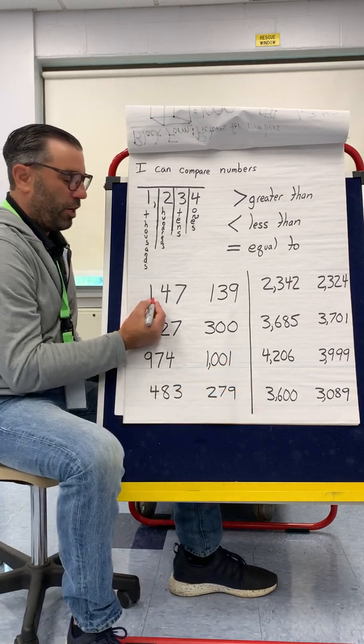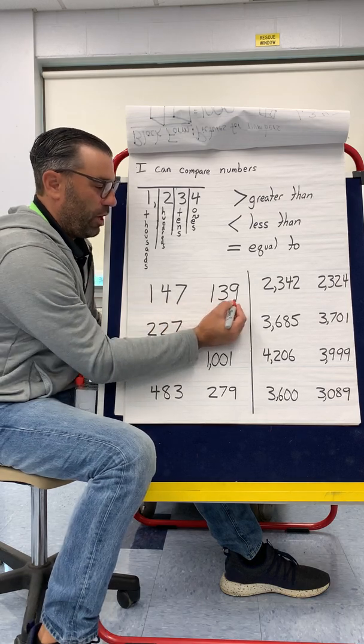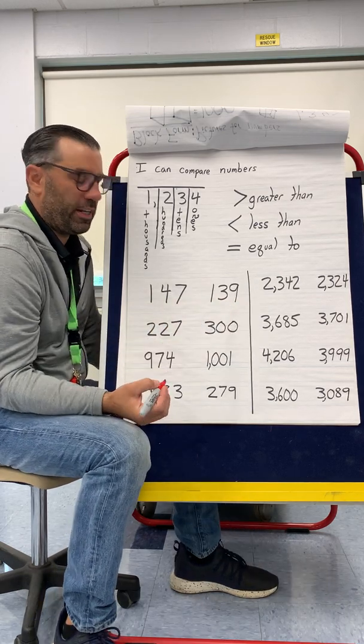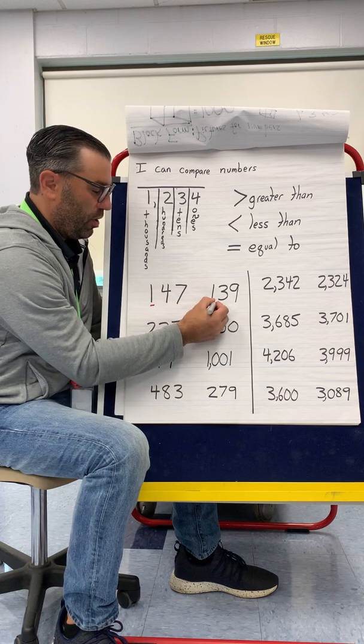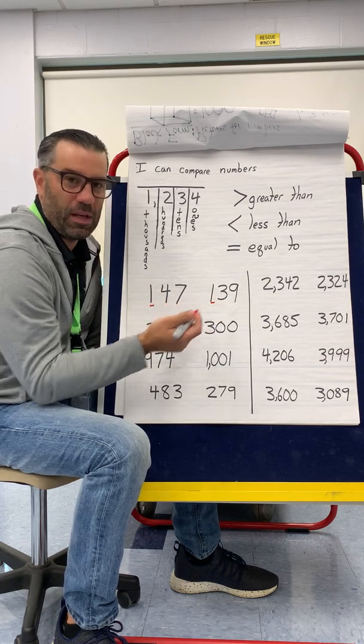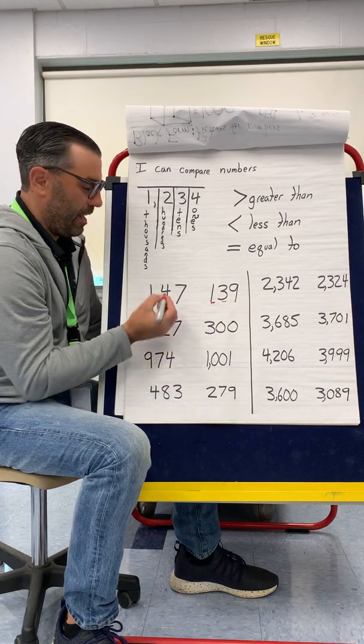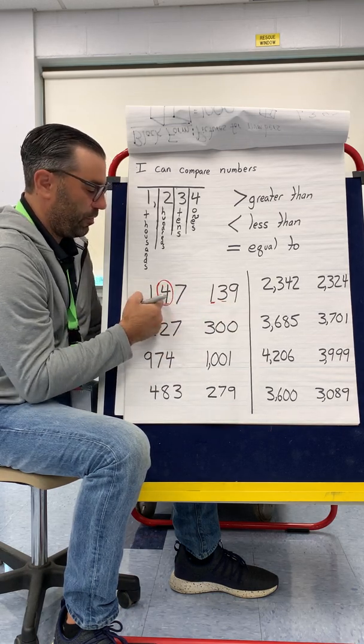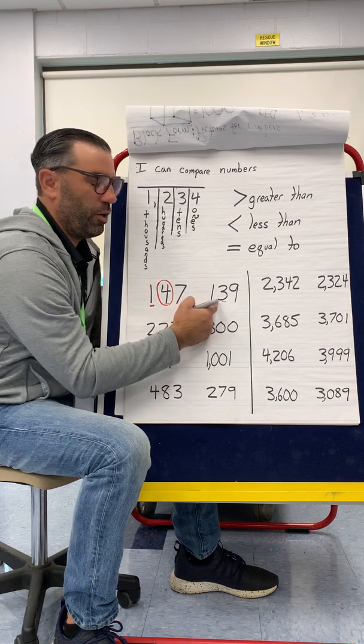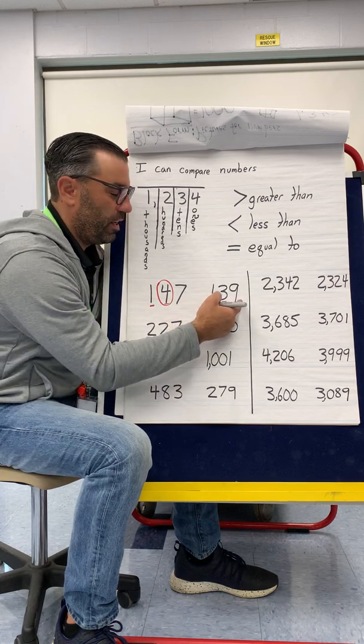So I have 147 and 139. So here's how I do it. I go, okay, 100, 100. Same. Keep going. 40, 30. That's it. Because of the 4, right? 147 would always be bigger than 139.